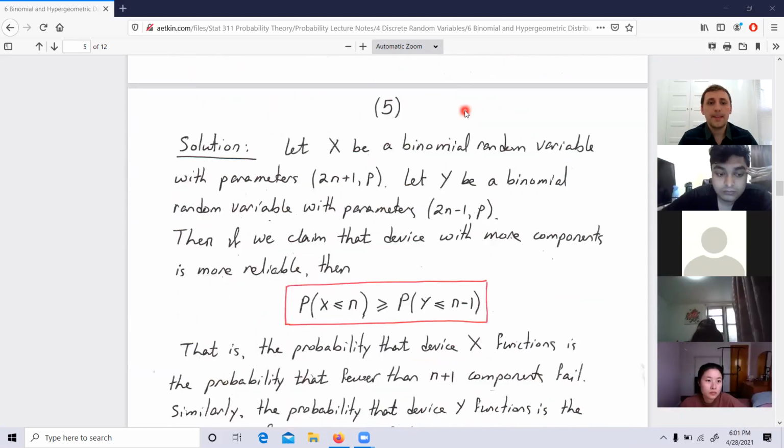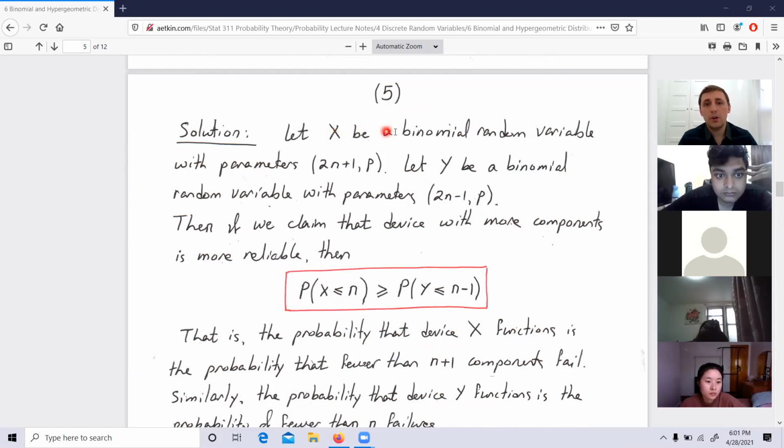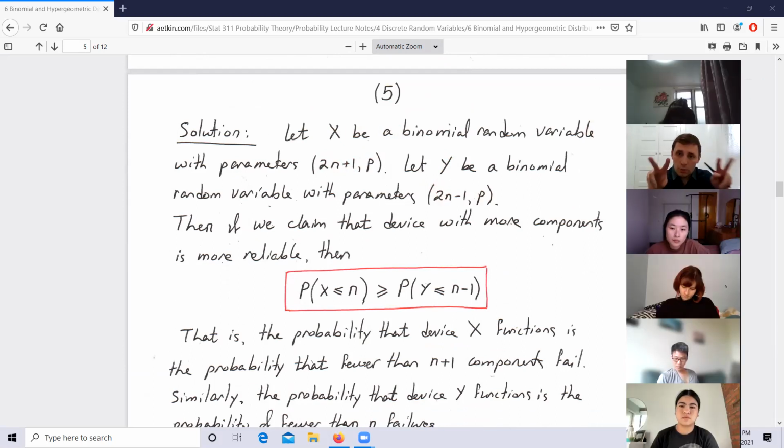So X is the binomial random variable with parameters 2n plus 1, P, and Y is a binomial variable with 2n minus 1, P. You see we have an odd number of trials. Here we have 2 more trials than here. In other words, I'm asking, should I add 2 more engines or not? Will it help the machine function more reliably if I add 2 more engines or not?